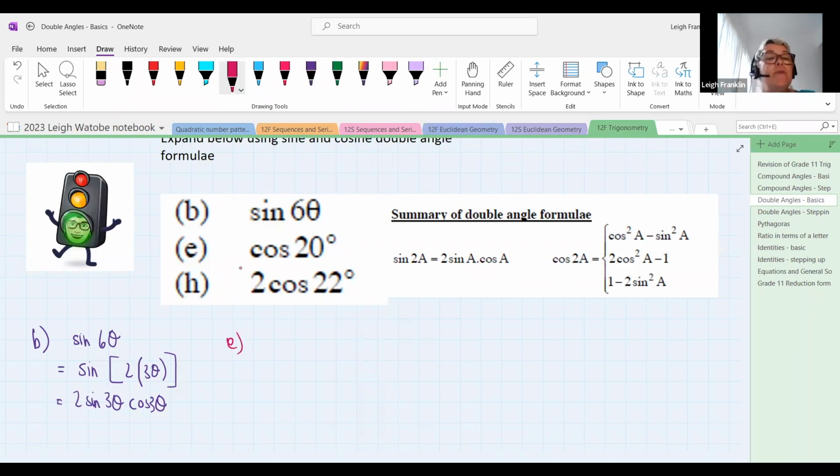Who's going to do E for us? Any takers? Amu, go for it. All yours. I said cos into open bracket 2 into 10, then you close the bracket.